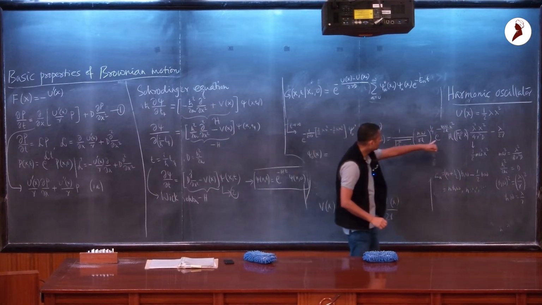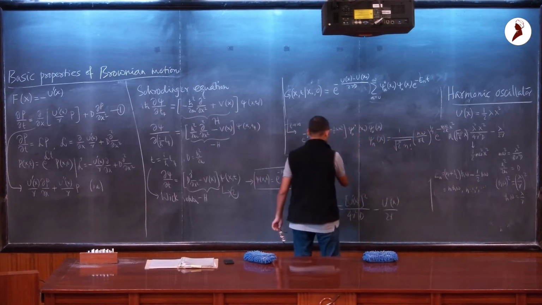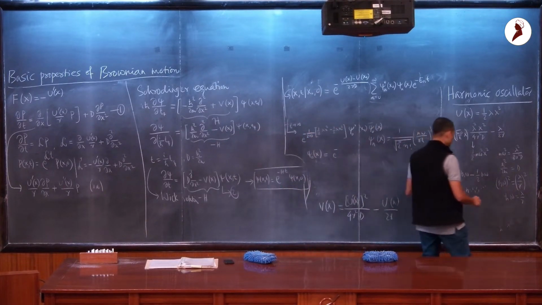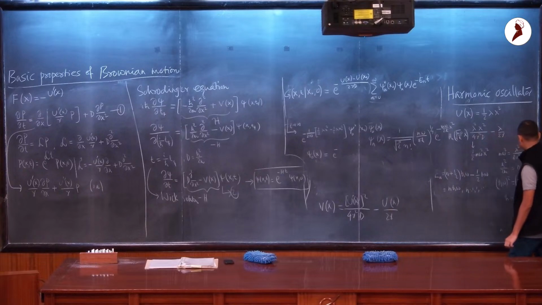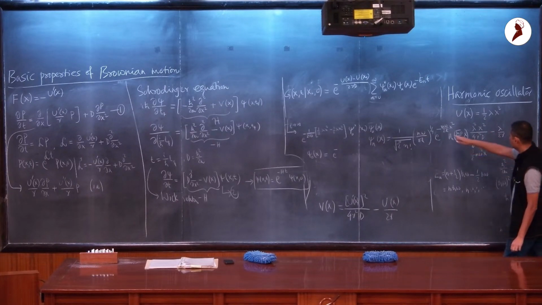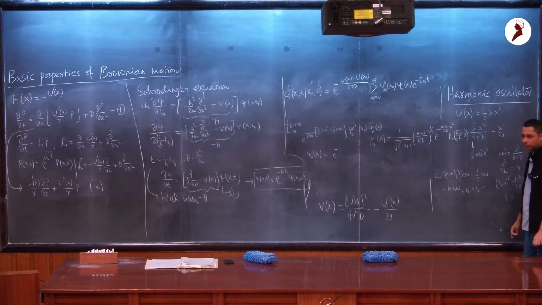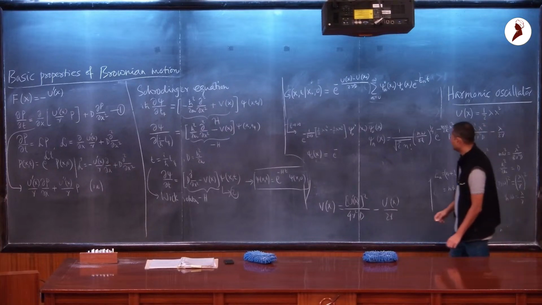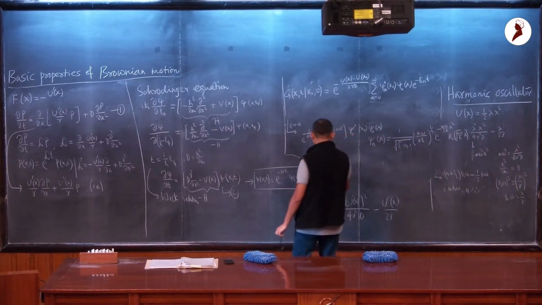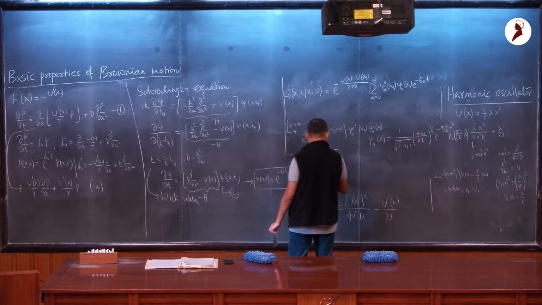All this other stuff is gone, only this one: exponential of minus mω by ħ, no, we need ħ by mω, right. So what is ħ by mω?